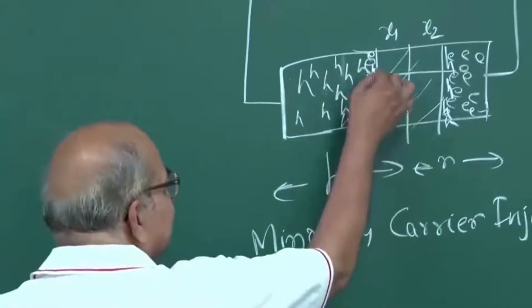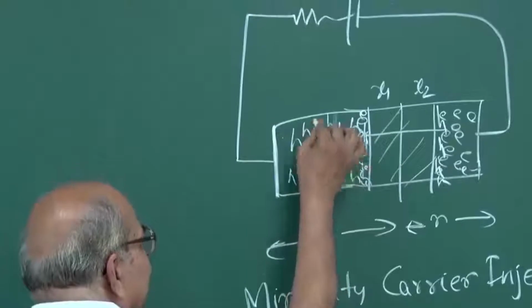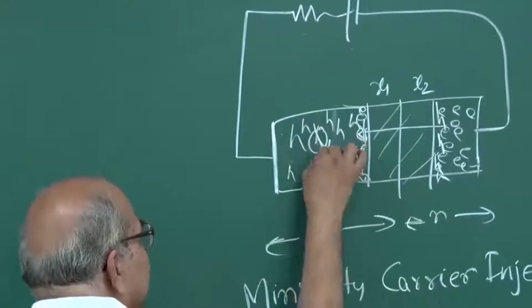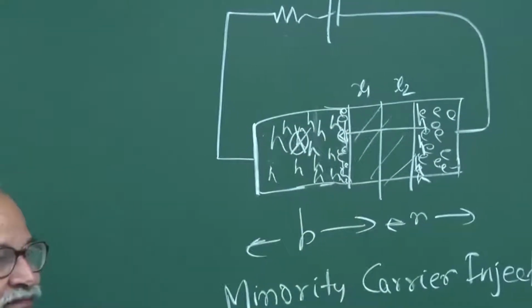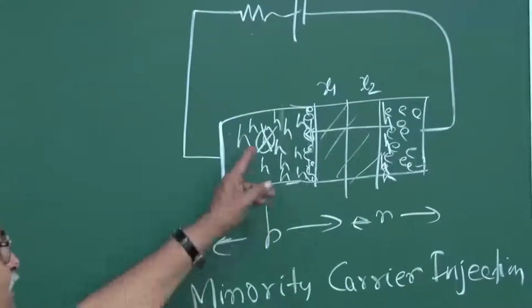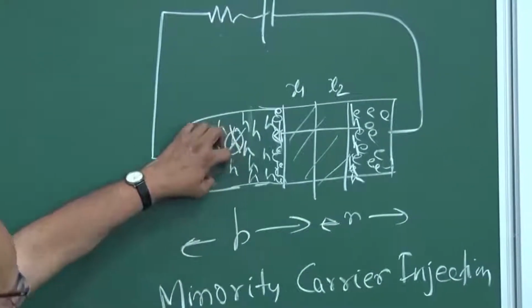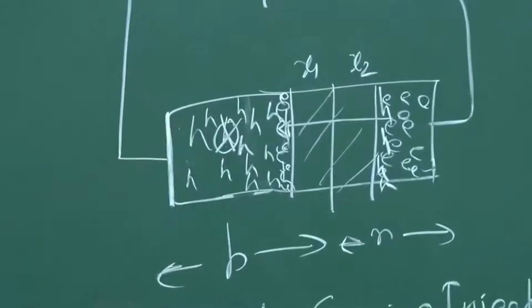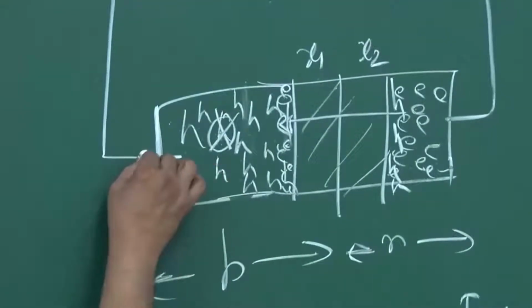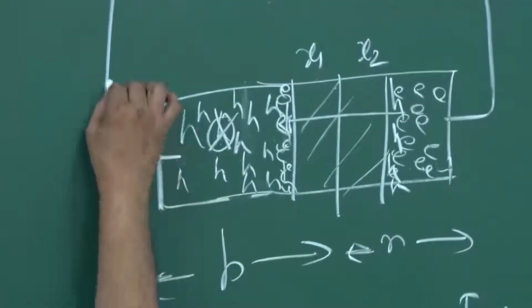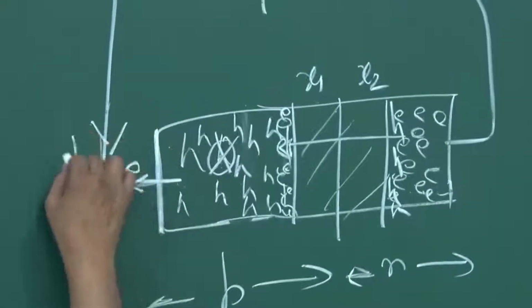And so if this electron combines with a hole, and this hole goes out, negative charge appears, so one electron has to be withdrawn. So one electron is withdrawn at this contact, and then the electron goes this way, the current goes this way.